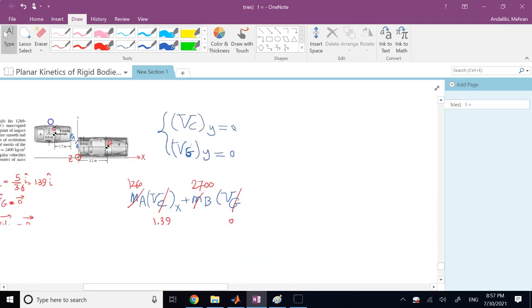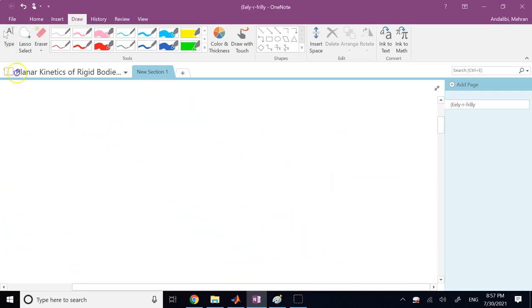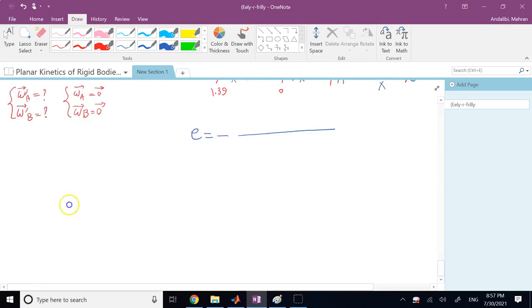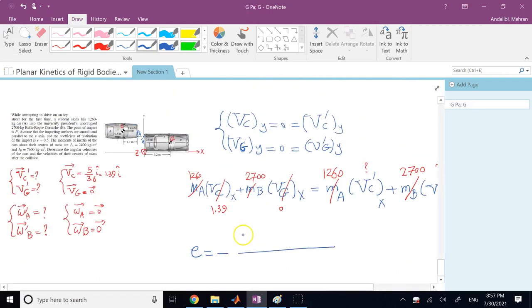So when you write it, you have to write E as V prime of PB along X minus V prime of PA along X divided by the very same thing but without prime. So V of PB in the X direction minus V of PA in the X direction, okay?